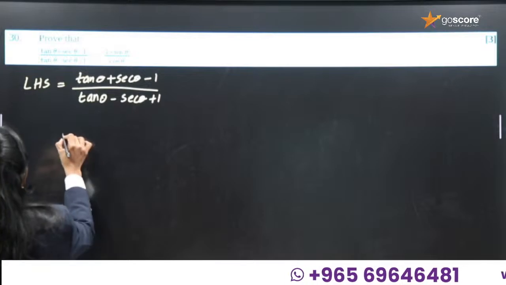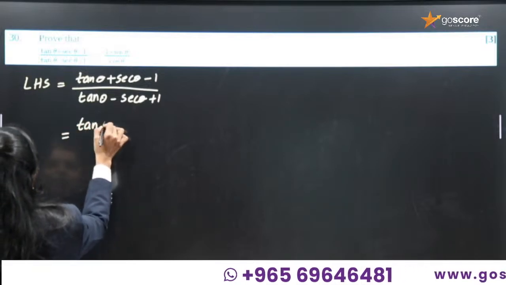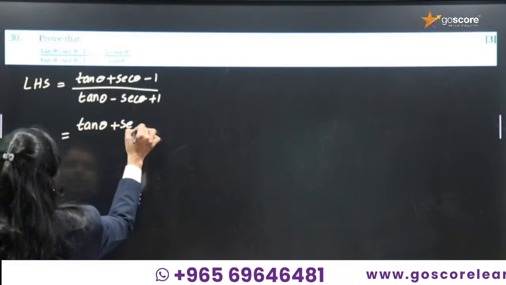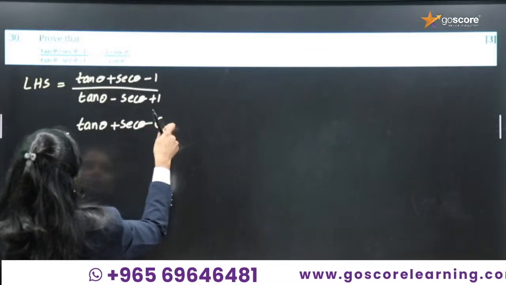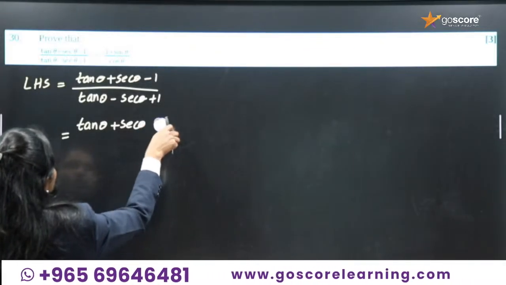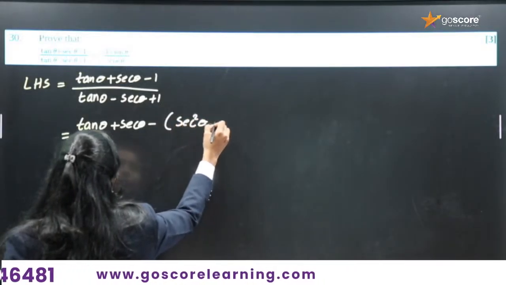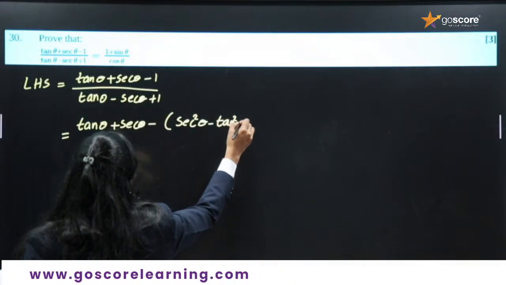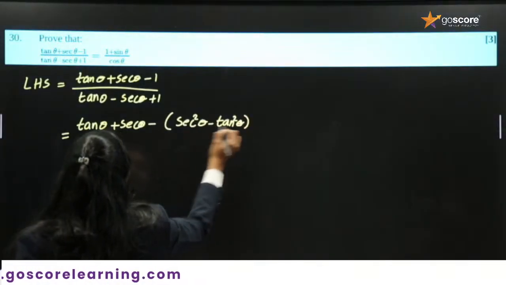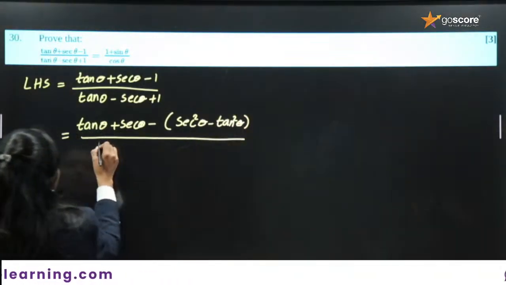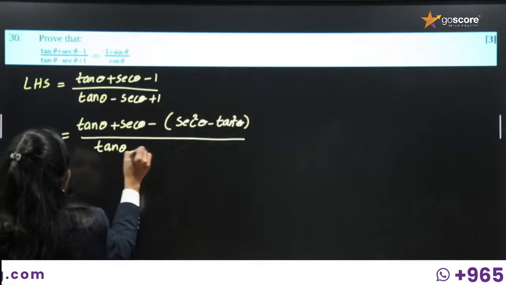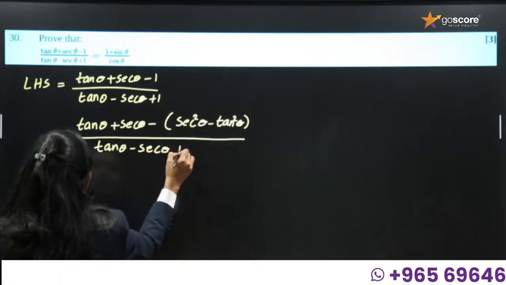So it will be equal to tan theta plus sec theta minus, I forgot to put the minus, minus the bracket sec square theta minus tan square theta, all divided by tan theta minus sec theta plus 1.